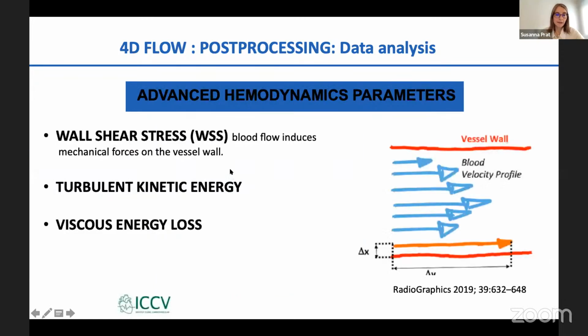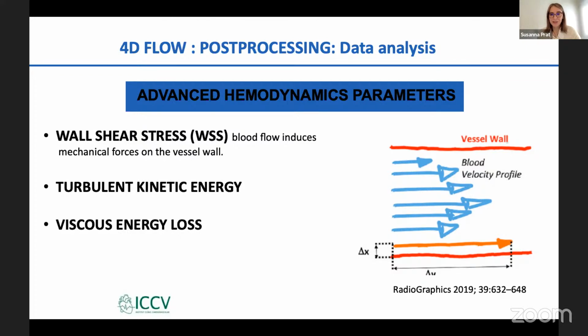But apart from the visualization and the more usual parameters for quantification, the 4D flow has an interest in the field of, as I said, the medical engineer.